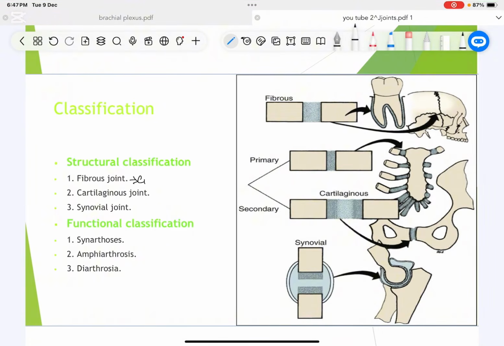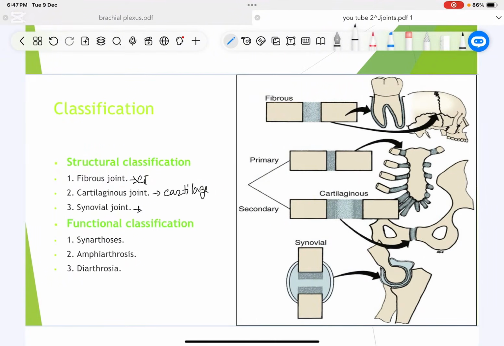If they are held with each other with the help of cartilage, it is called a cartilaginous joint. If the joint has a number of components like a capsule, membrane, fluid and articular cartilage, it is a synovial joint. So structural classification means they have different structural elements which help to hold the joints.